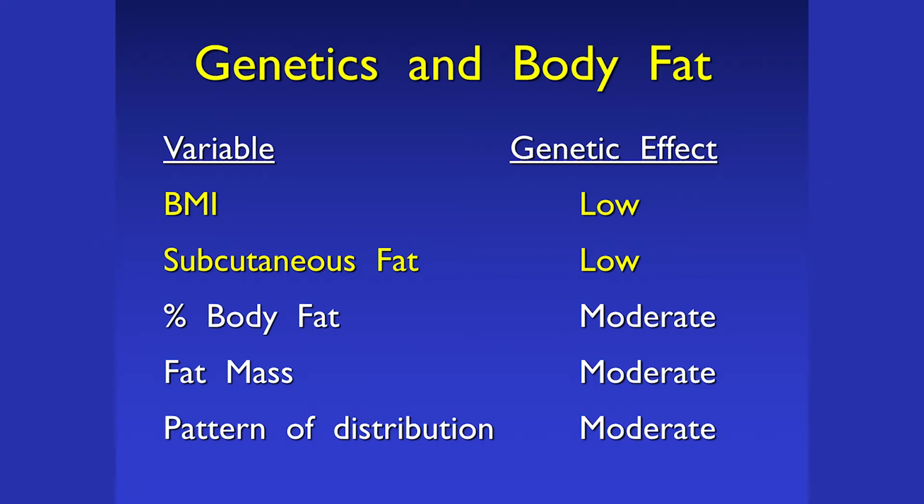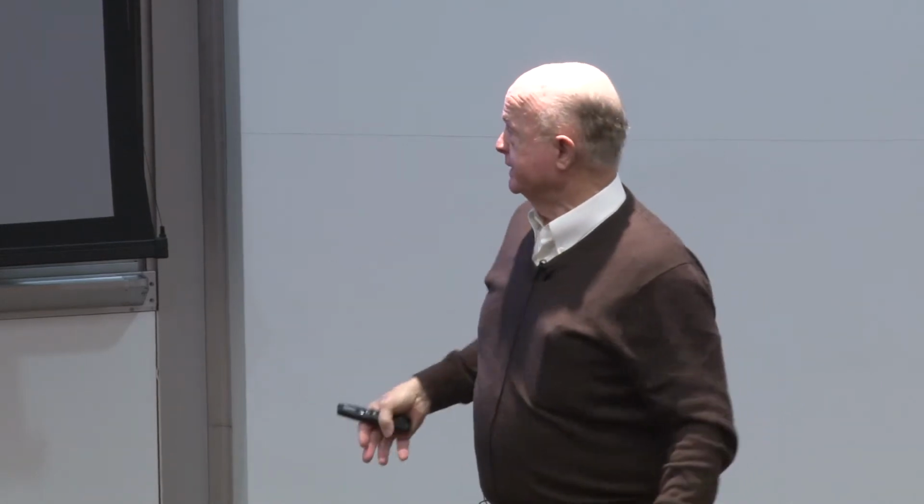Give you another example. Your BMI, the relationship of height and weight, is low. The height is a high one, but your weight fluctuates a great deal more due to the environment, so it's less genetic. How much fat you have is low, because that's a lot about how much you eat and your environment and that sort of thing.